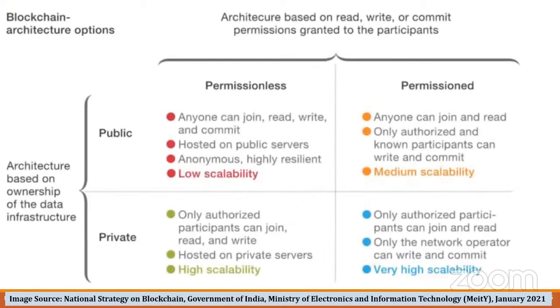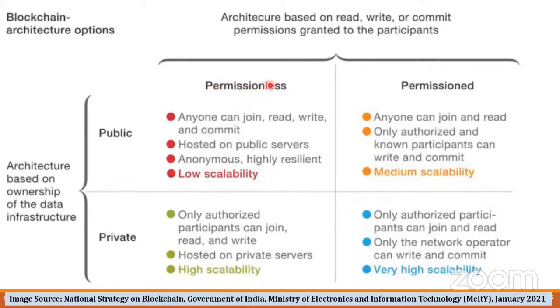So if I look at this beautiful division, how architectures can be explained: architectures based on read, write, and commit permissions granted to participants. They can be permissionless or permissioned. For example, Bitcoin is a permissionless blockchain.